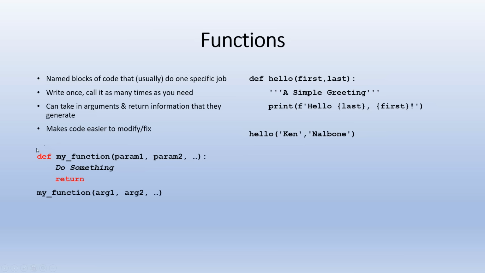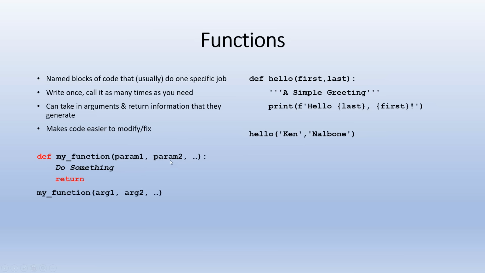The body of a function: there's the def word that starts the definition of the function, then the name of the function. If you have any parameters that you want to pass into the function, they are listed here. You can have zero to several. I'm not going to get into star args or keyword args.